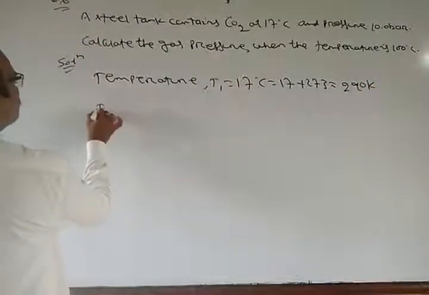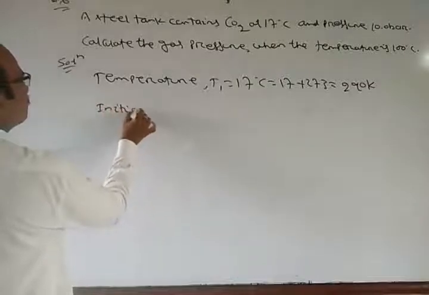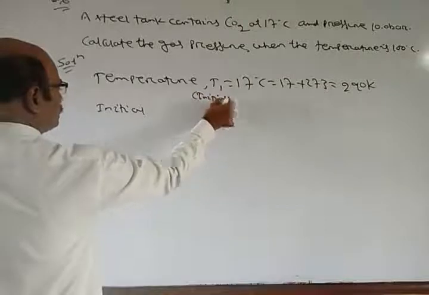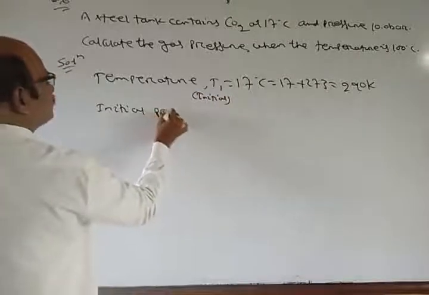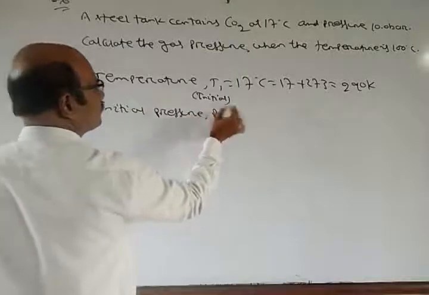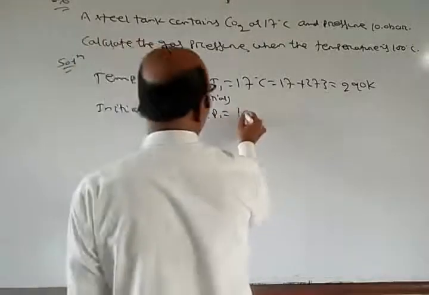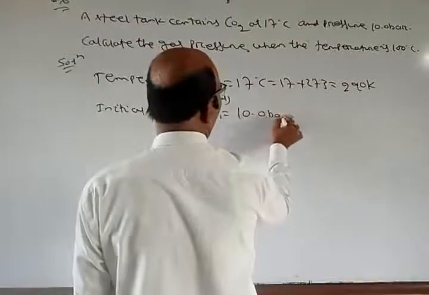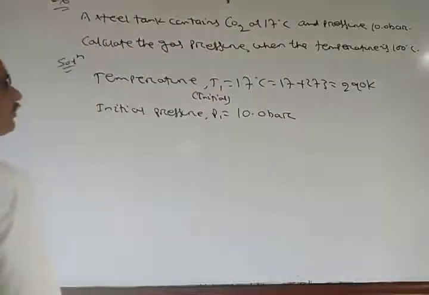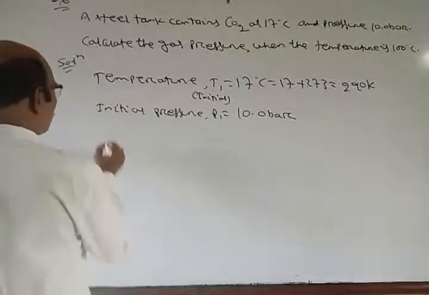Initial pressure P1 is equal to 10.0 bar. Calculate the gas pressure when the temperature is 100 degree centigrade.